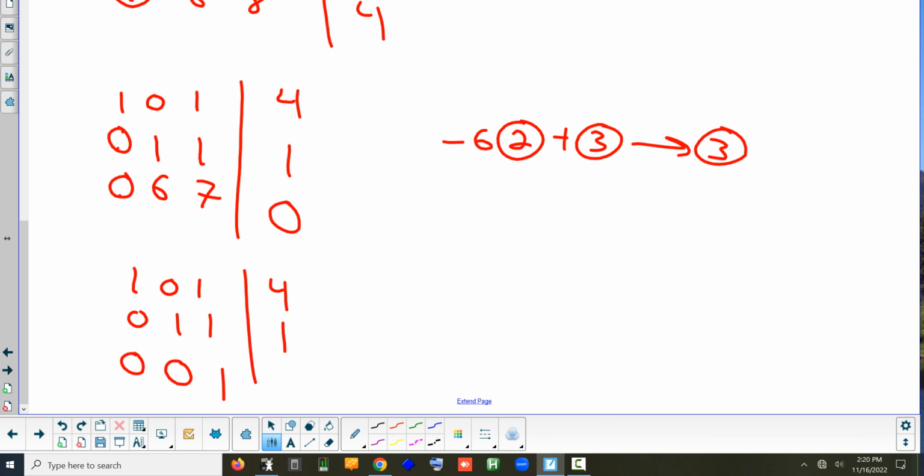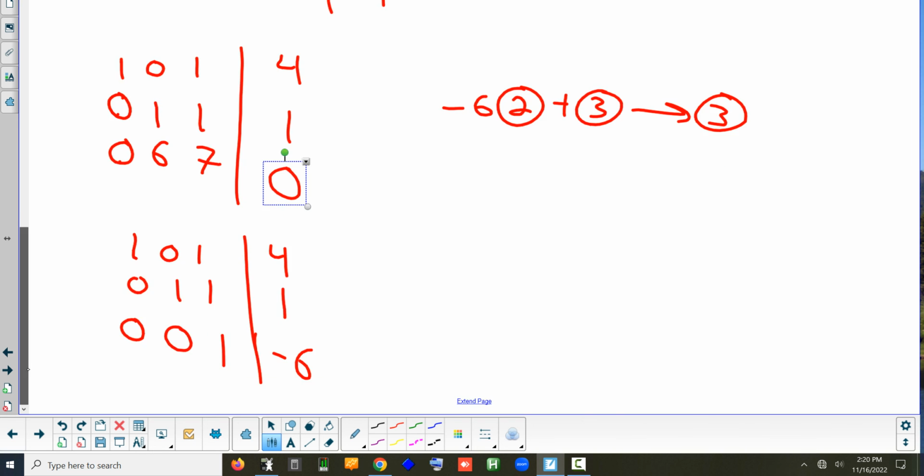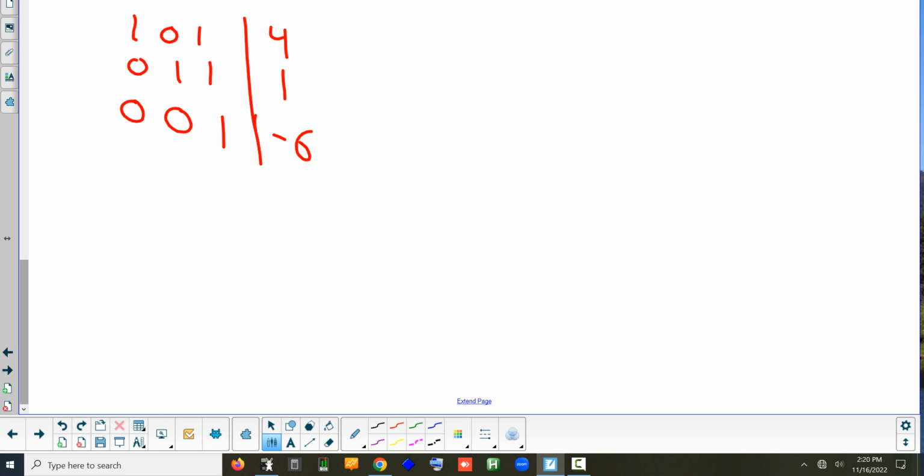What's 1 times negative 6? Negative 6 plus 0. Okay. So what does this last row tell me? It says 1z equals negative 6. Done. Z's over.